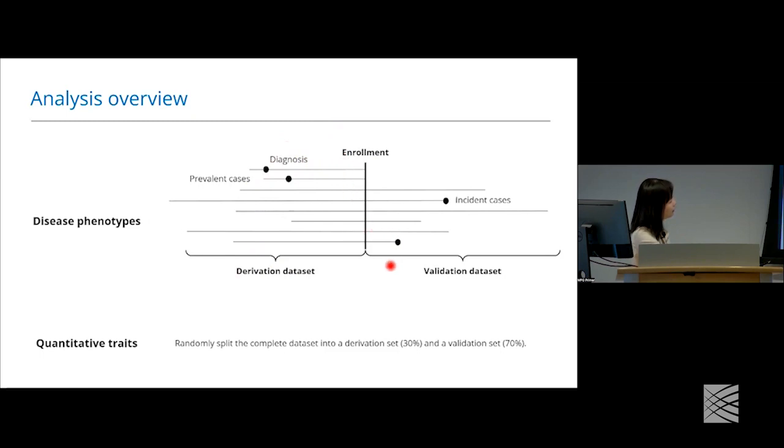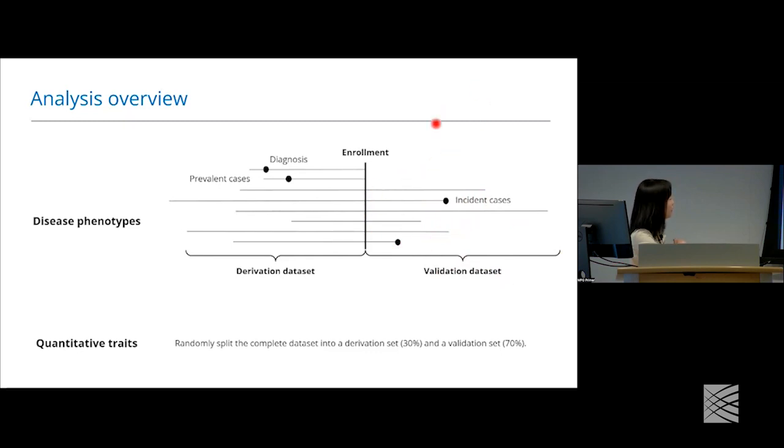Then we calculate the score in a validation data set, which is the incident disease data set. We remove all individuals that were prevalent cases, and we treat incident cases as cases and other people as controls. Then we use a Cox model in the validation data set to evaluate the association between the calculated score and the phenotype.